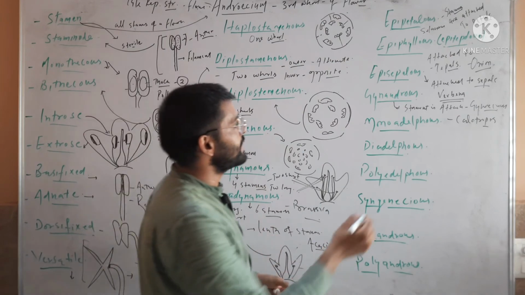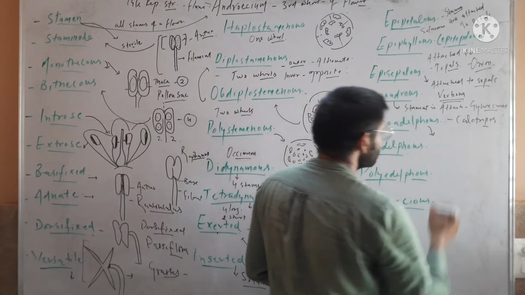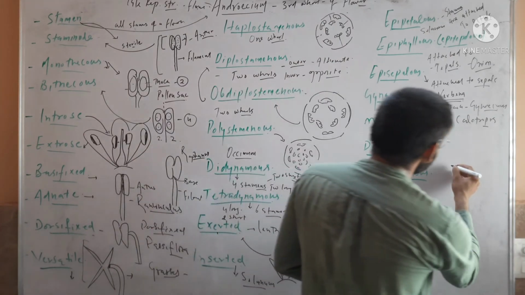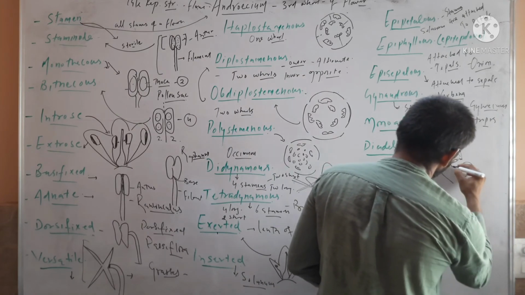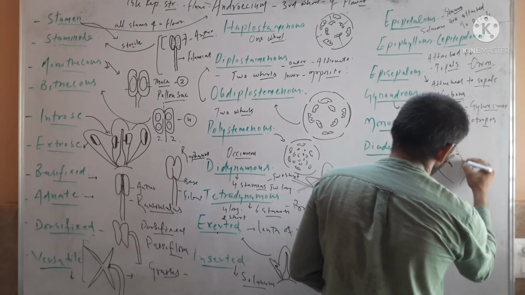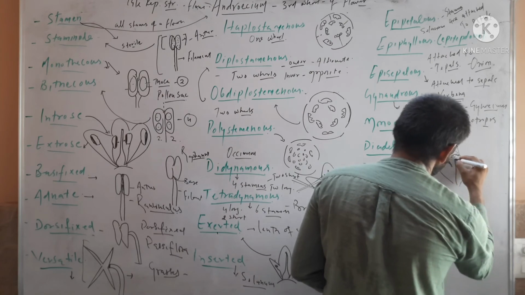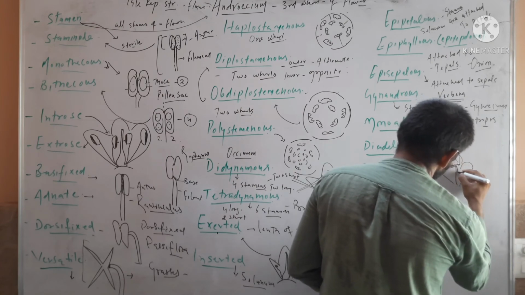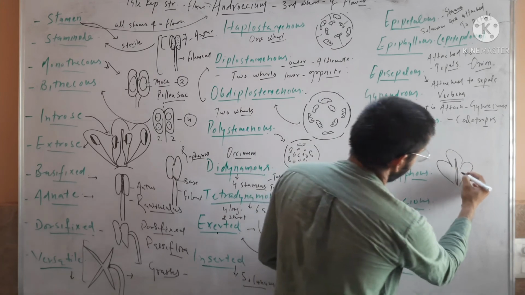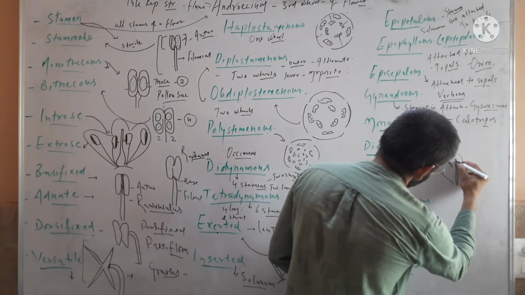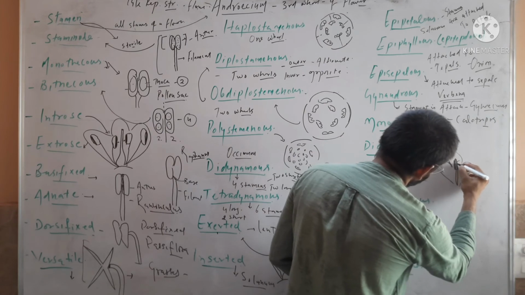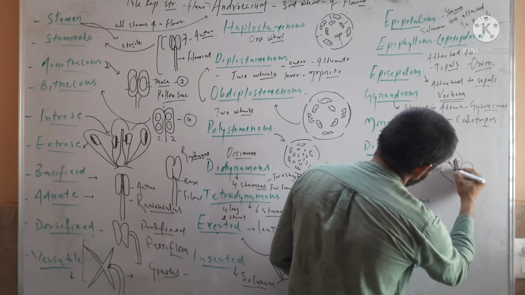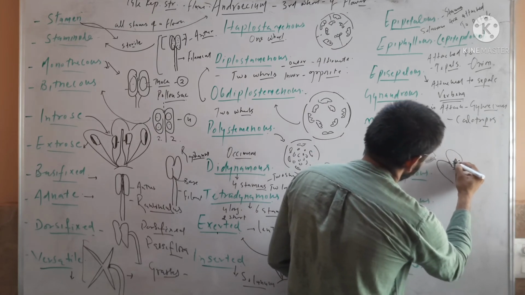Next is monoadelphous. When stamens are present in a single bundle like this. So this is, for example, the gynoecium, and on this a single bundle is there, and on this bundle stamens are present.